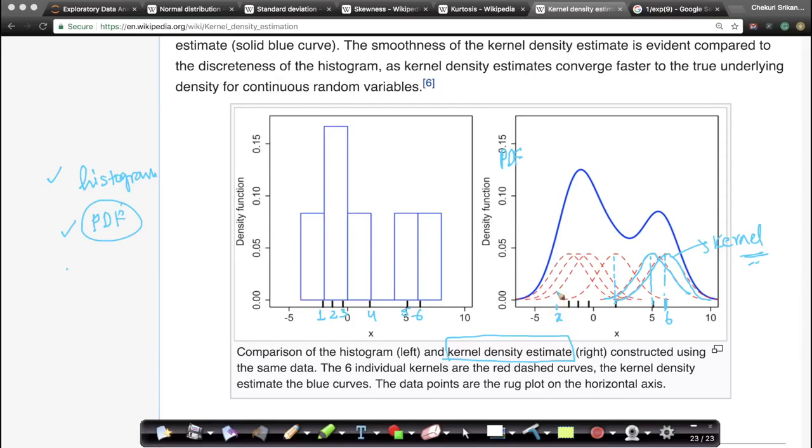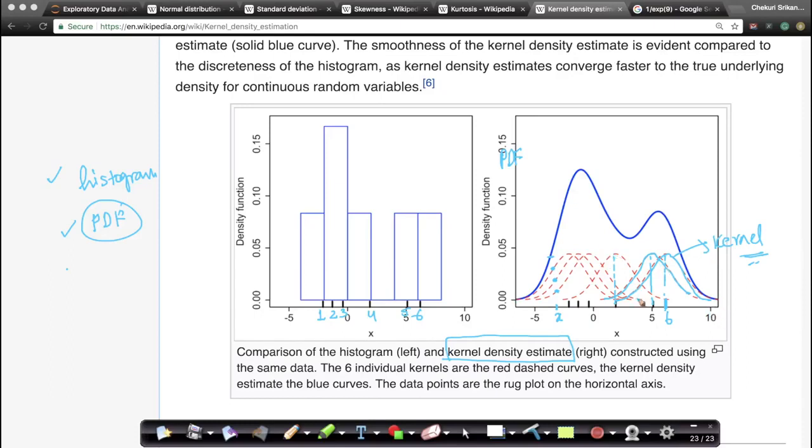Corresponding to x, I have 3 kernels here. I'll take this value, this value, and this value, and sum all 3 of them up to get the height of my PDF using kernel density estimation.